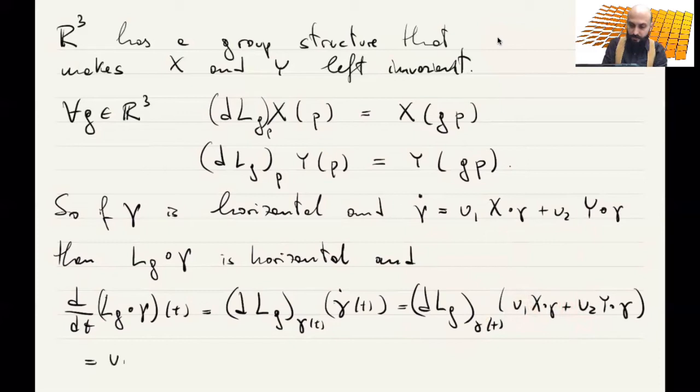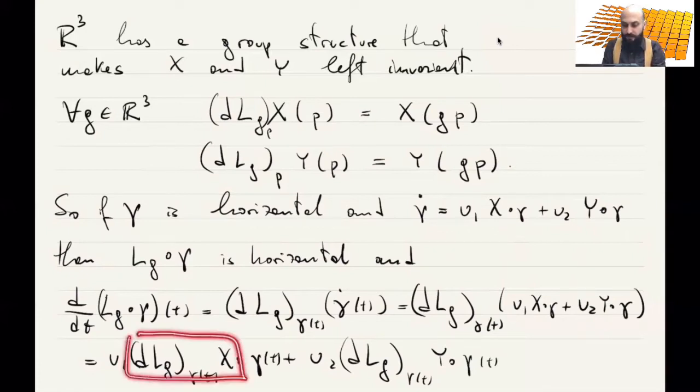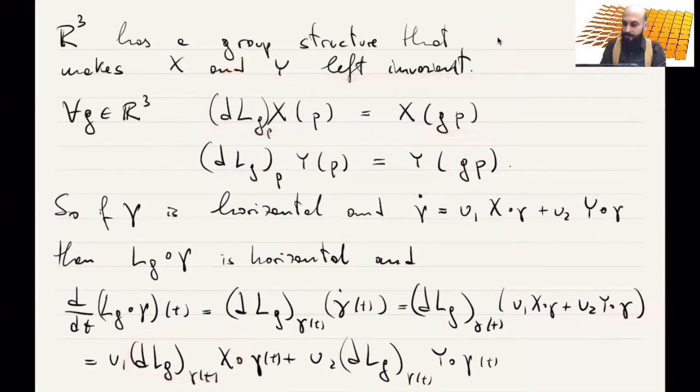So this is equal to u1 dLg at gamma t of x composed with gamma, plus u2 dLg at gamma t of y composed with gamma. Okay, but now we have that this vector field is the vector field x at the point g of gamma t. Right? So we continue.